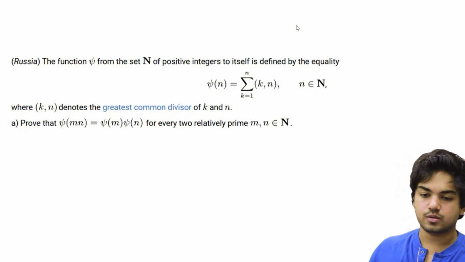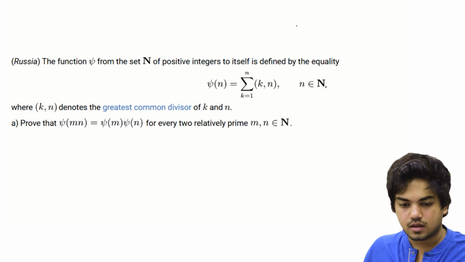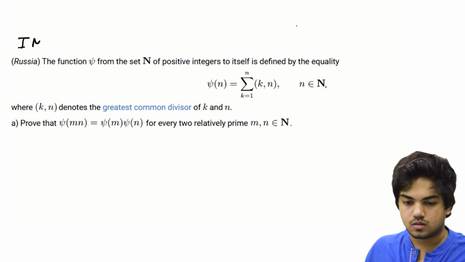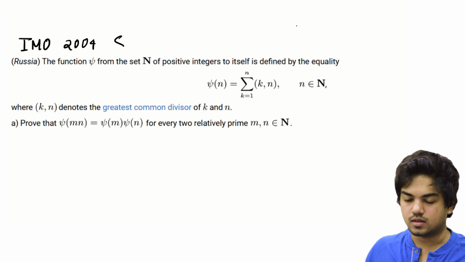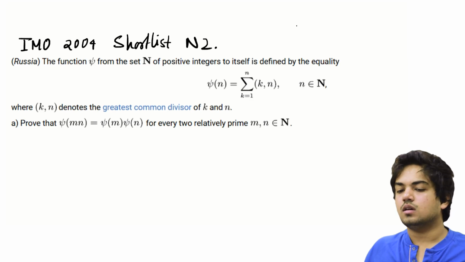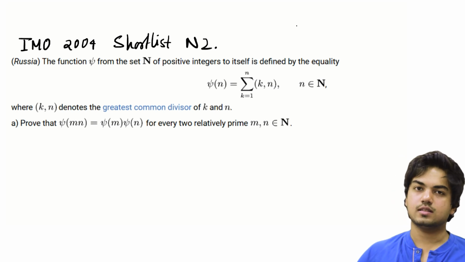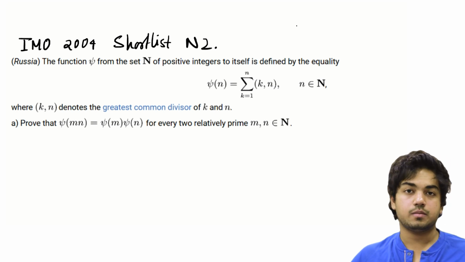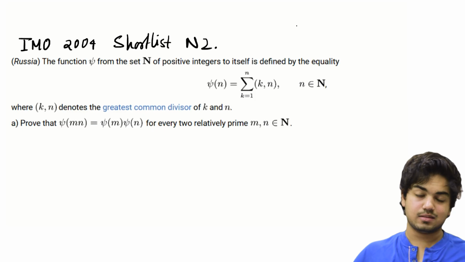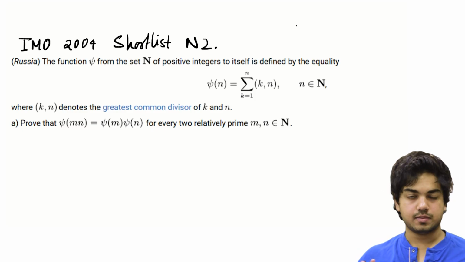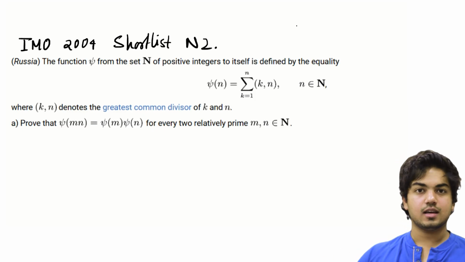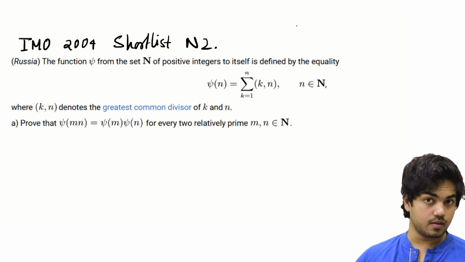So in front of you is the problem in question from the IMO 2004 shortlist, N2. The way these shortlists work is that, as you may know, the International Mathematical Olympiad is a 6-problem test, spanning over many hours, and those are hard problems.